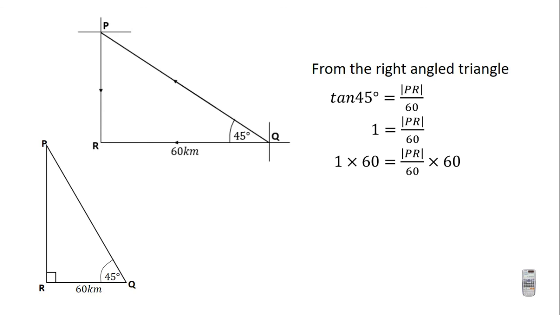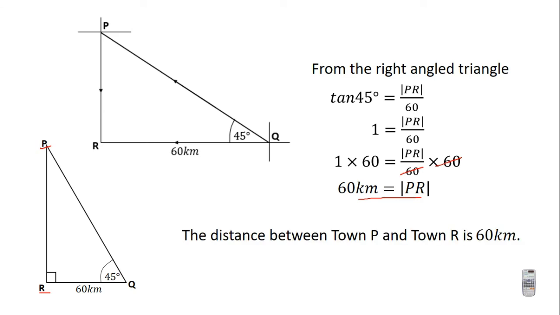When you do that, you can see that this 60 kilometers will cancel this 60 kilometers. So PR is equal to 1 times 60 kilometers, which is 60 kilometers. So it means that the distance between town P and town R is 60 kilometers.